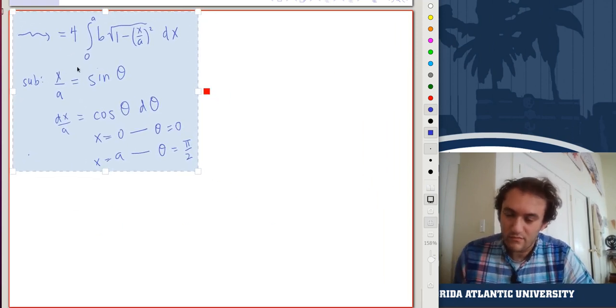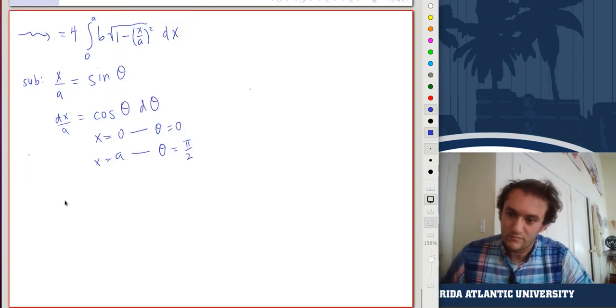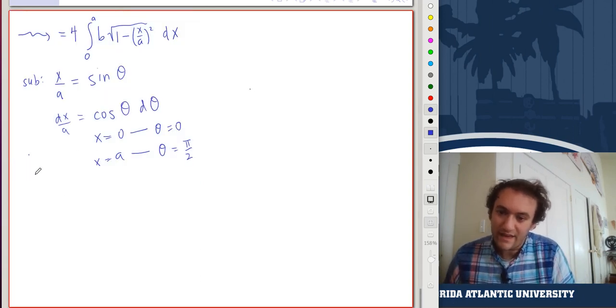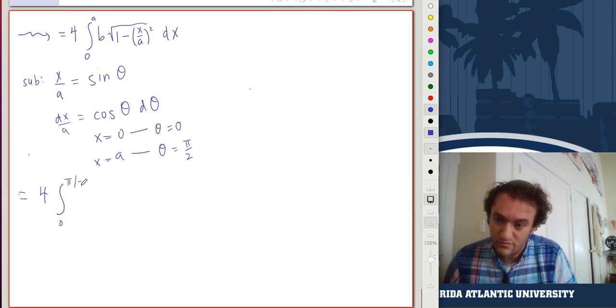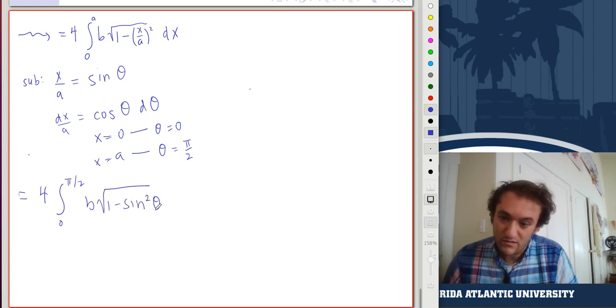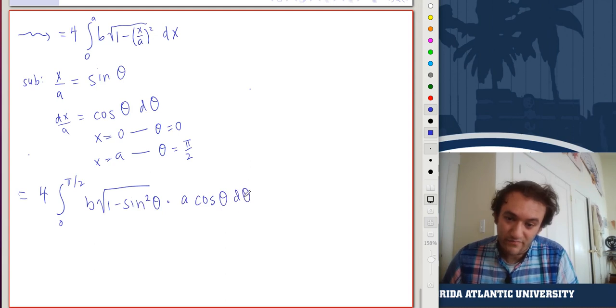So we're in the middle of this substitution. And after making the substitution, we have 4 times the integral from 0 to pi over 2 of b times the square root of 1 minus sine squared theta times a cosine theta d theta.